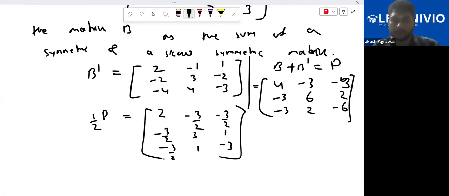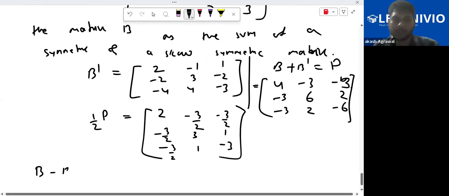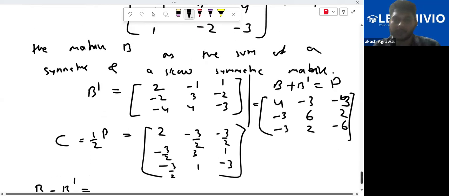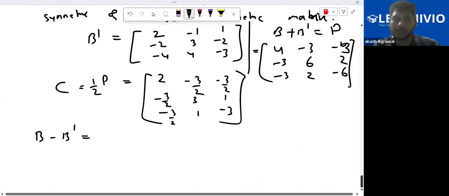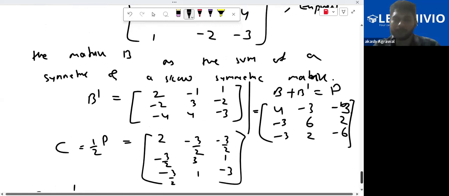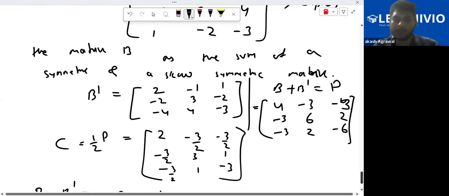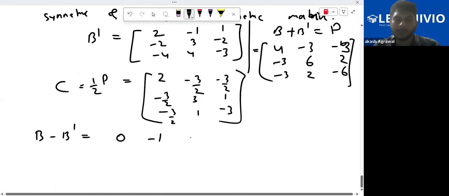Yes, sir. And when we subtract B minus B transpose, let's call this matrix C, B minus B transpose will be 2 minus 2, 0, and minus 2 plus 1 is minus 1. So 0 and minus 1. 1 plus 3 by 2, so it will be 7 by 2. Oh, did I do some mistake here?